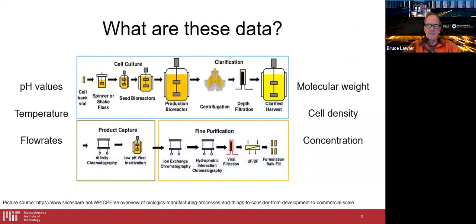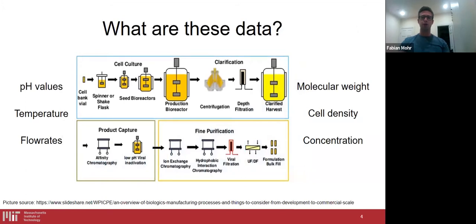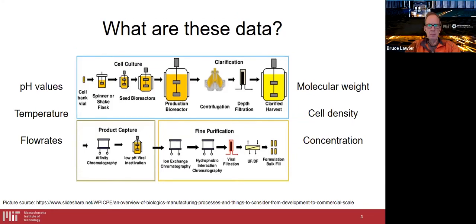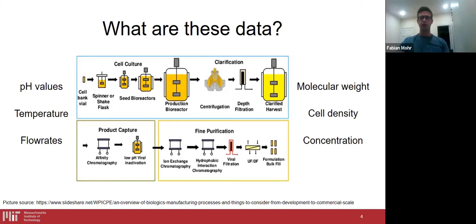That happens in a lot of different areas, but what I want to focus on today are manufacturing processes. I'm in chemical engineering, so it could be chemical manufacturing processes, or, as I will present today, biomanufacturing processes. Here we have a similar situation. We have our process typically up and running, and we collect a lot of data from it, for example pH values, temperature measurements, or concentrations at different steps in the process.